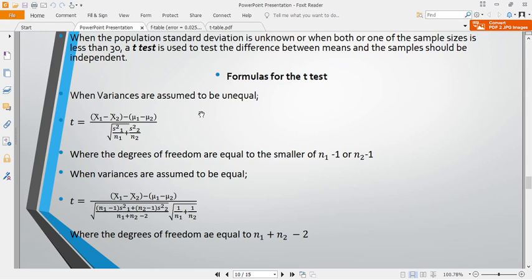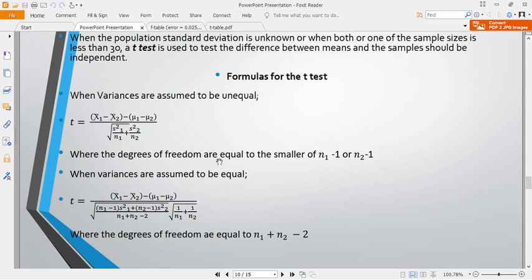The first procedure is testing for equality of variances. When they are equal, we use this formula to get the test value, and when they are not equal, we use the first formula to get the test value.